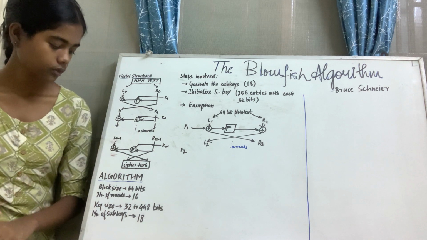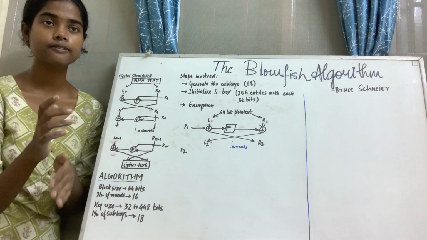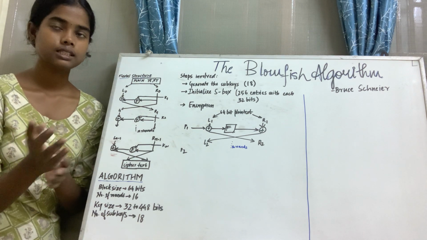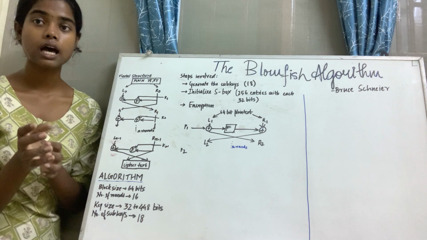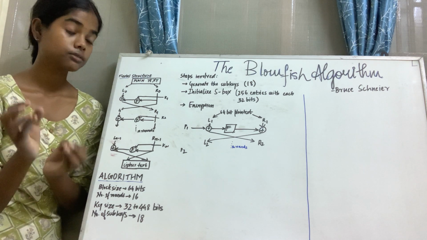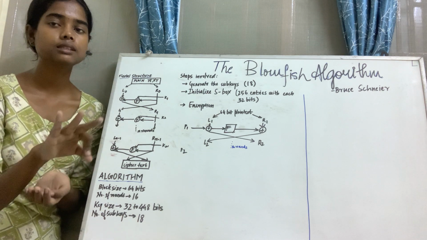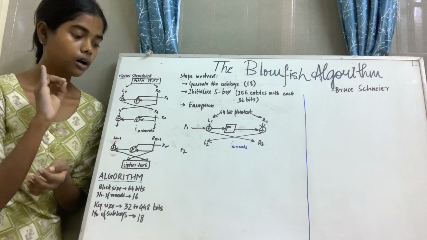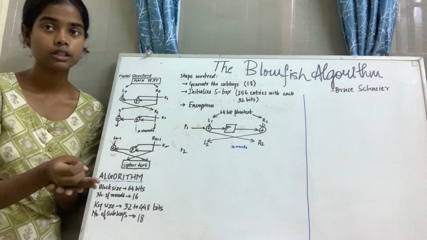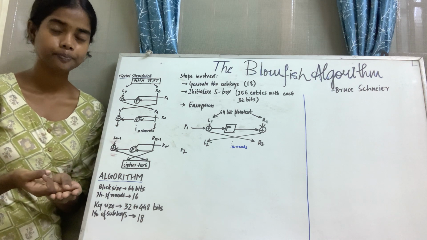Usually in other algorithms we have a constant key size. So for example, in DES we have only a key size of 56 bits. And then in case of AES, there are three sizes. One is 128 and the other is 192, and then the other size happens to be 256.